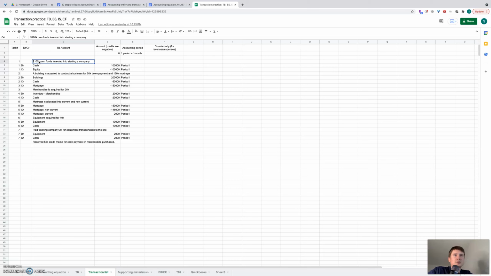So someone put $100,000 into the business, so business cash increases by 100,000, so that will be debit cash, and respectively, because that is the owner's funds, it should increase equity by $100,000, and so on.